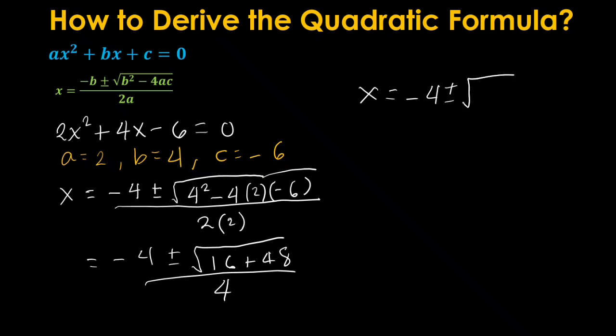Inside our square root is 64. The square root of 64 is 8.